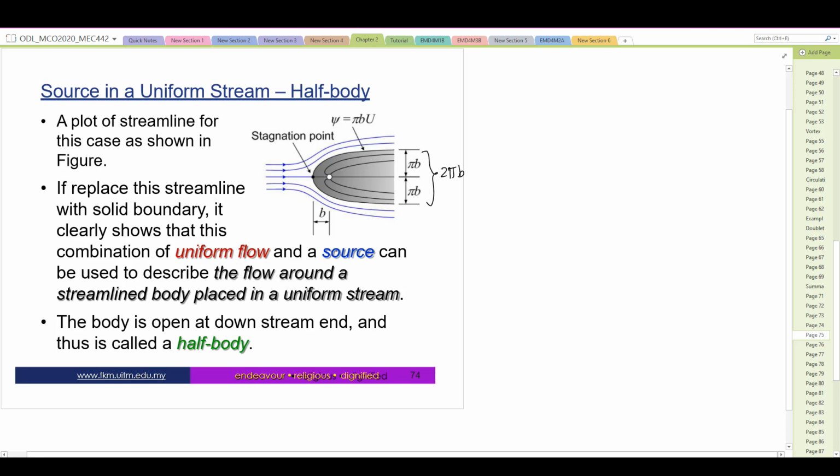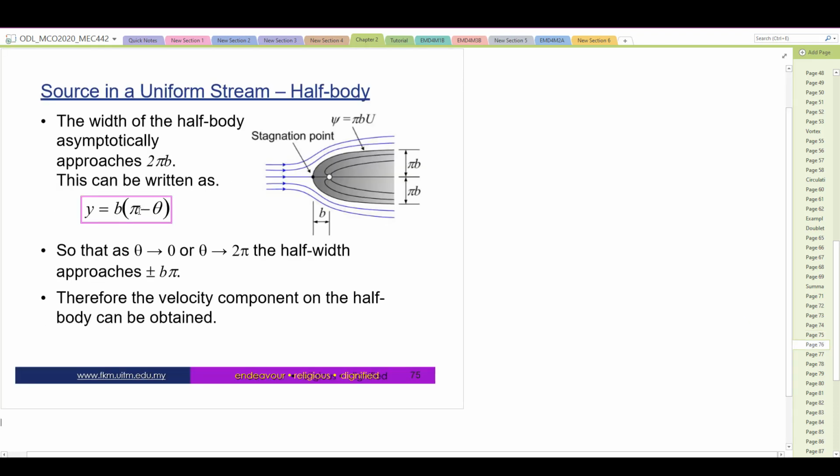The body is open at the downstream end of this figure, so that's why we call it a half body. The width of the half body asymptotically approaches 2 pi b.